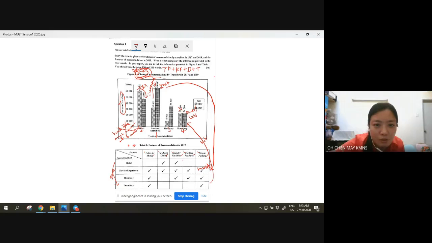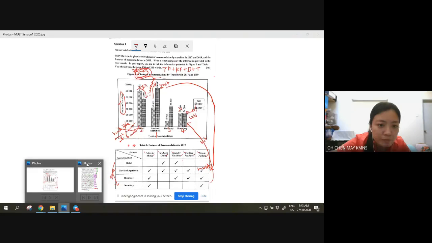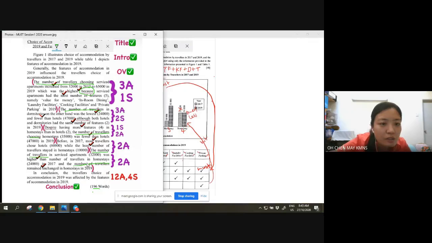Okay, so let me show you the sample. Let's see here. The number of travelers. This one uses dormitory, doesn't matter. This sample is the other way round. The number of travelers in dormitories, on the other hand, was the lowest.